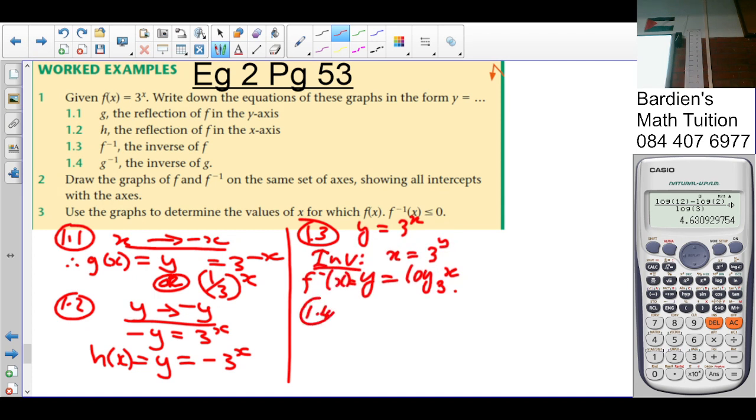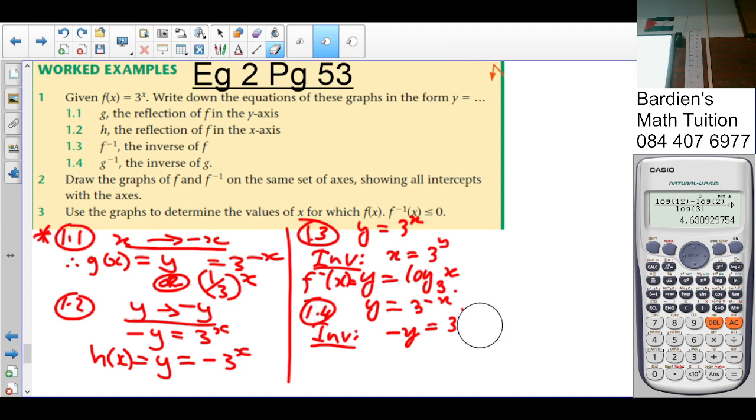1.4. They ask you for the inverse function of g. g of x is this graph here in 1.1. So y is equal to 3 to the minus x. If I take the inverse function, I interchange x and y.